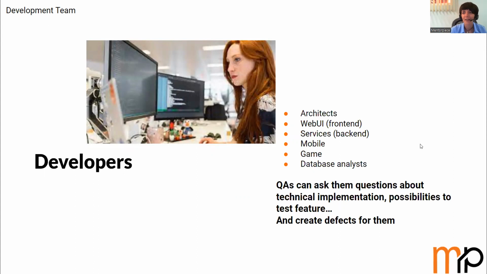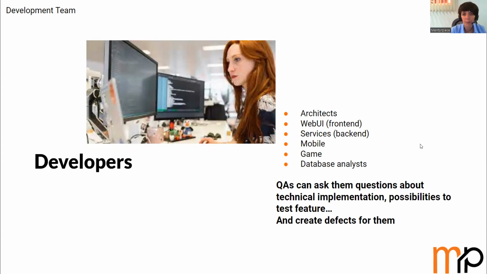So the developers themselves can be, firstly, architects, the guys who are responsible for the whole architecture of the application. This is a guy who is choosing, for example, the three-tier architecture, and what features should be linked with what layer of this application.